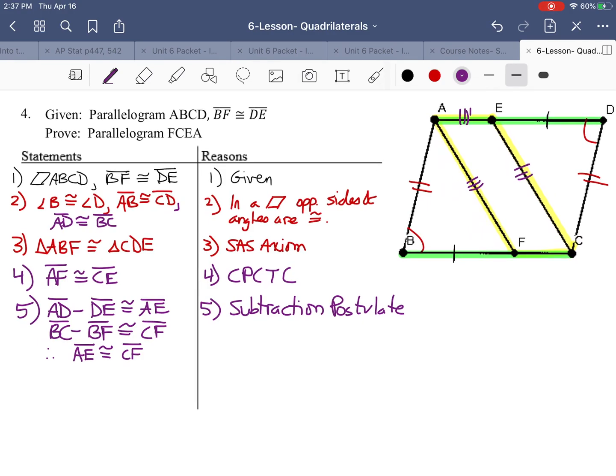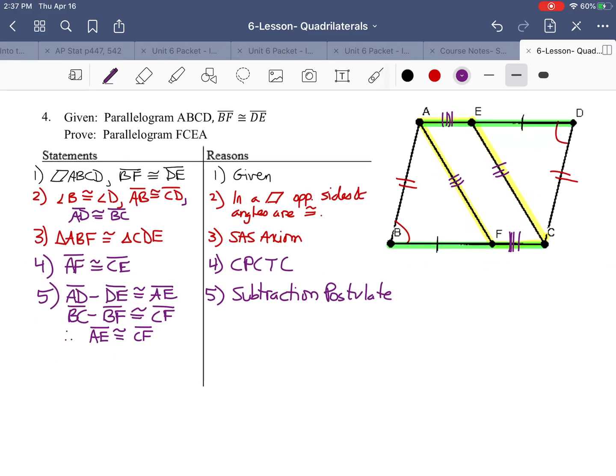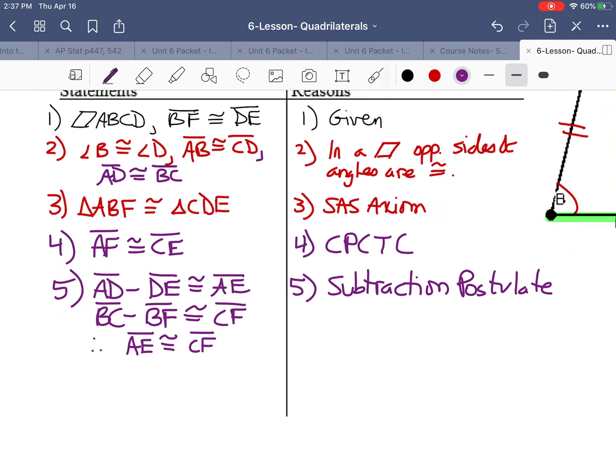And so now I have these two. So now I could say parallelogram FCEA.